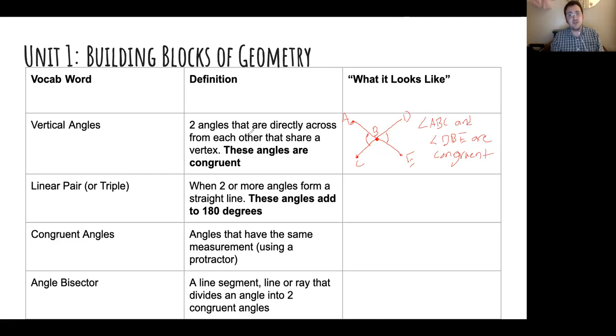So vertical angles are two angles that are directly across from each other and share only the vertex. Only that point B is what those two angles share. Next, linear pair and linear triples. Anytime I have a straight line beneath maybe two angles or three angles, that is a linear pair.